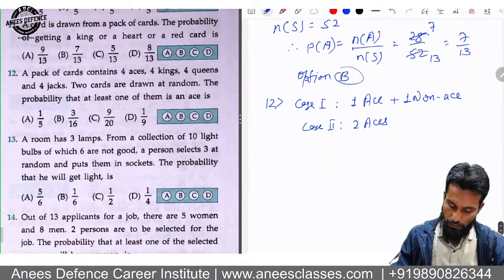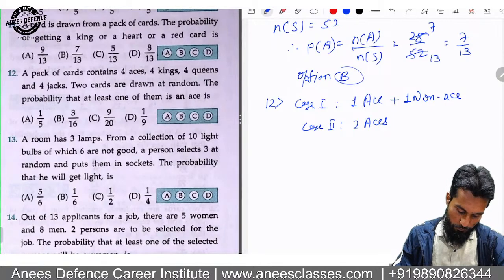Now write it in probability form. For drawing 1 ace out of the total possibilities, there are 4 aces, so 4C1 divided by the total, 4, 4, 4, 4, 16C1, and then multiply it with one non-ace.